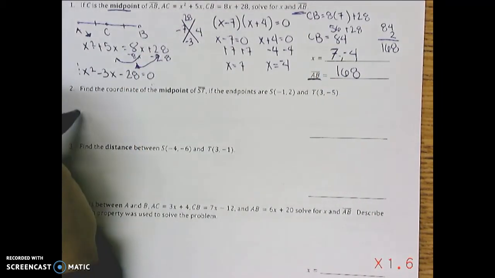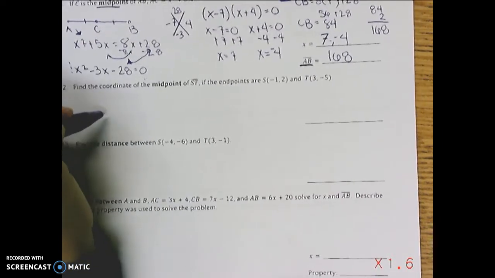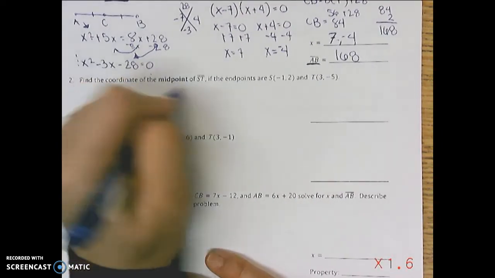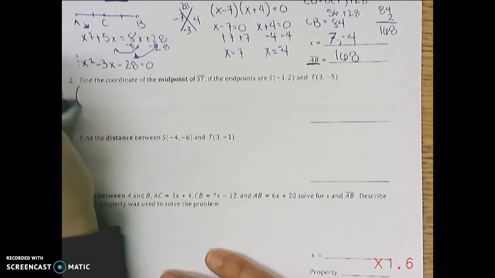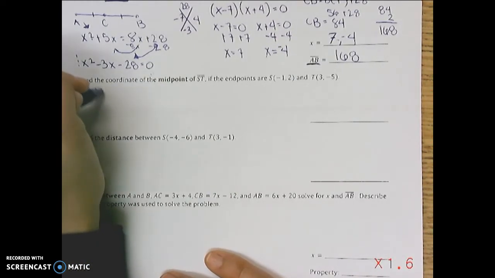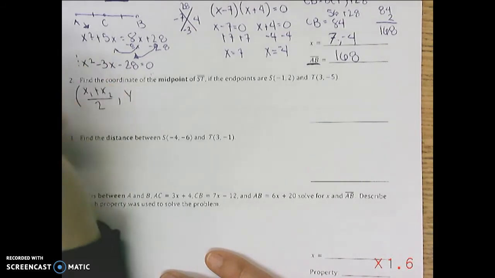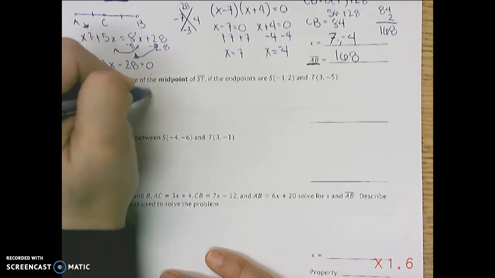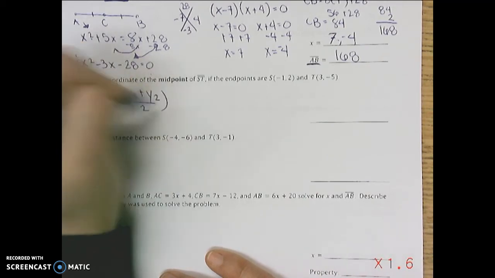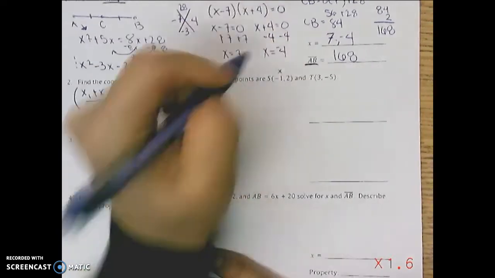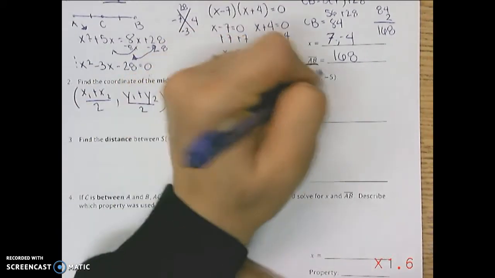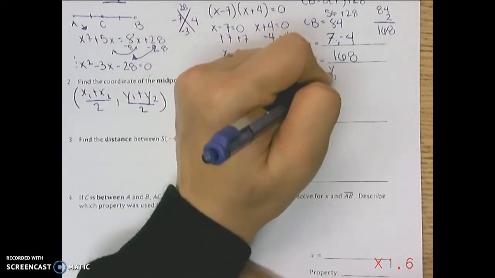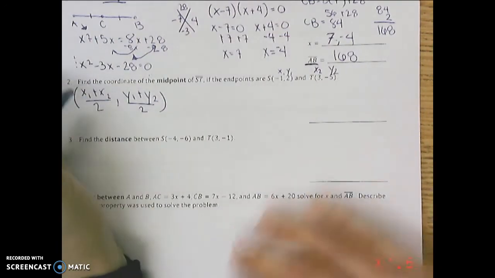All right, the next one we want to go to is problem number 2, finding the midpoint. Hopefully you have written down on your note card the formula for a midpoint. It's x1 plus x2 divided by 2, and y1 plus y2 divided by 2. So I'm going to say this is x1, and this is y1, x2, and y2, and I'm going to plug them into the equation.